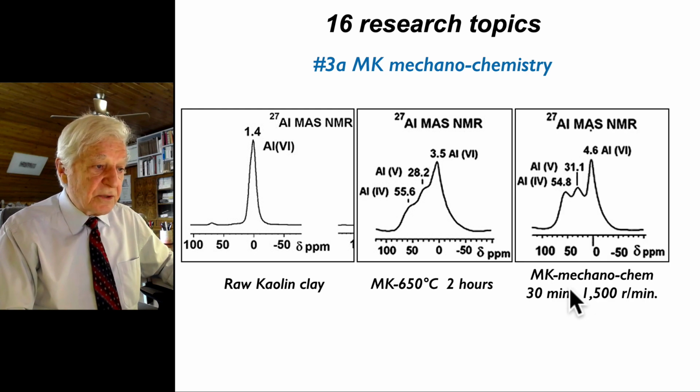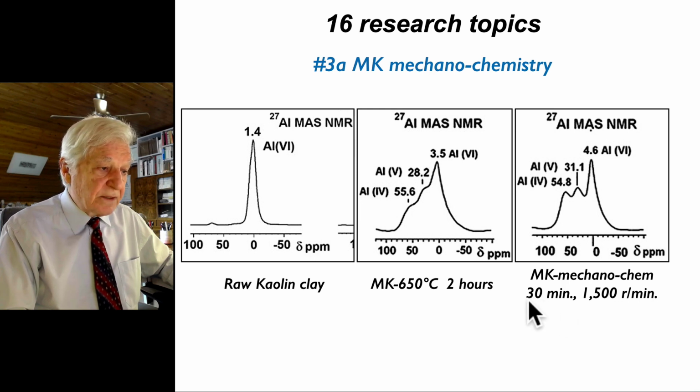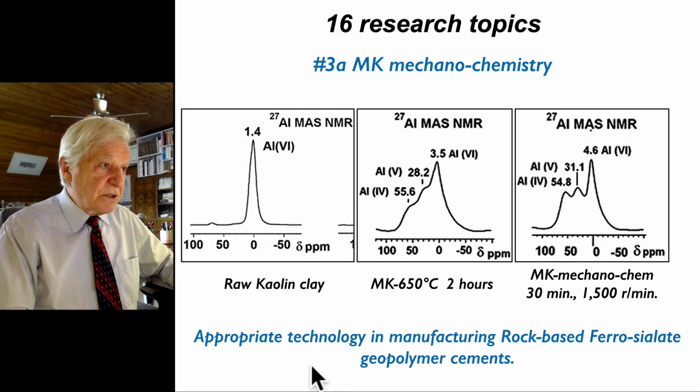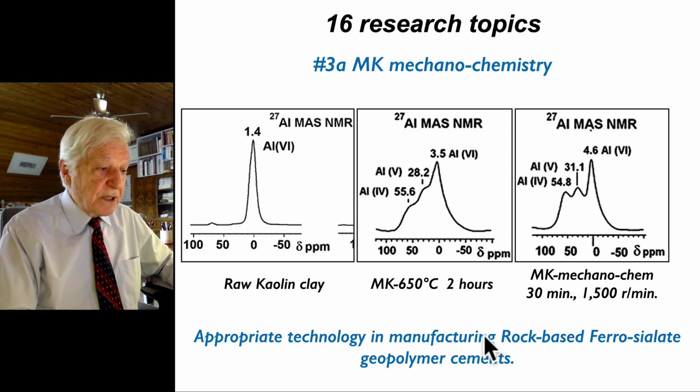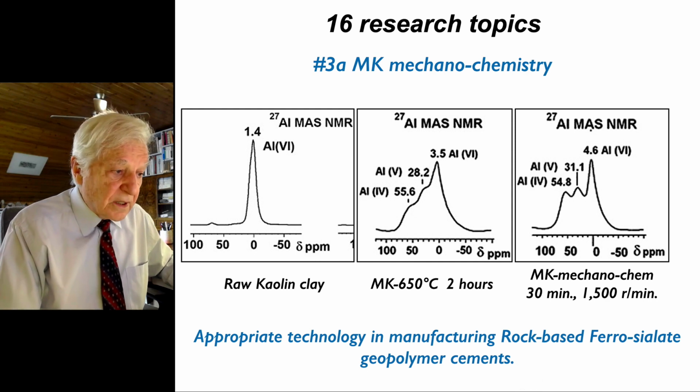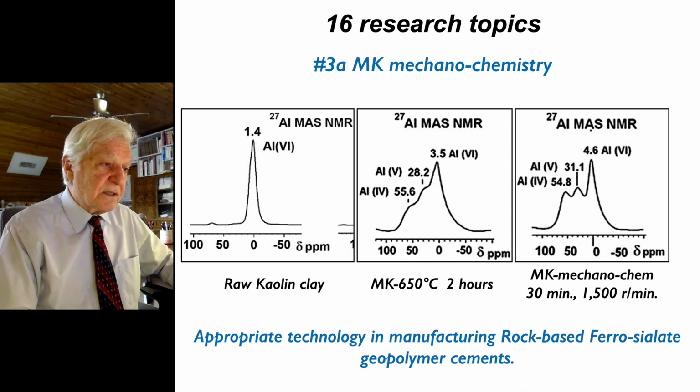And this is the result with the mechanochemistry processing during grinding 30 minutes at very fast speed at 1,500 rotations per minute with well-defined Al4, Al5, and Al6 resonances. I consider that this technology is very appropriate in manufacturing of rock-based ferro-sialate geopolymer cement. These are the type of geopolymers that I am strongly recommending now.